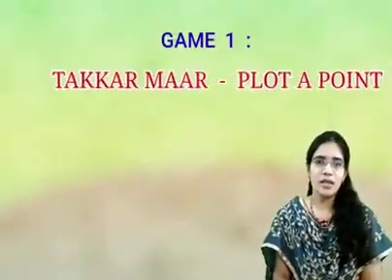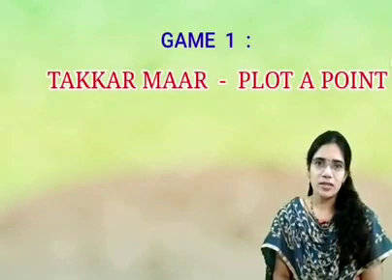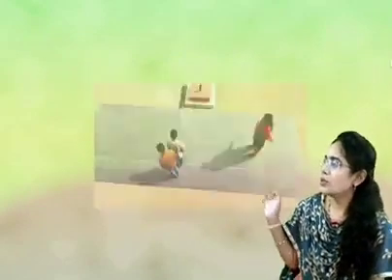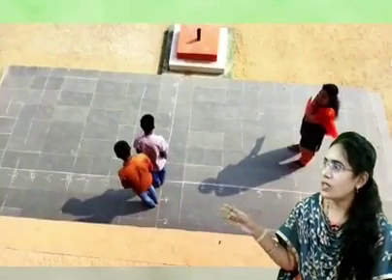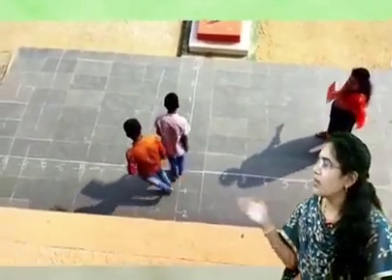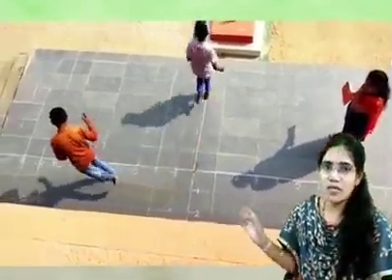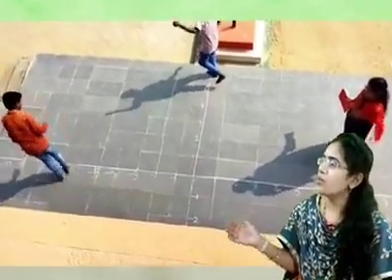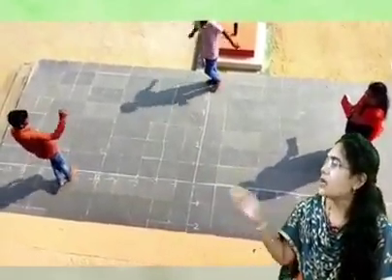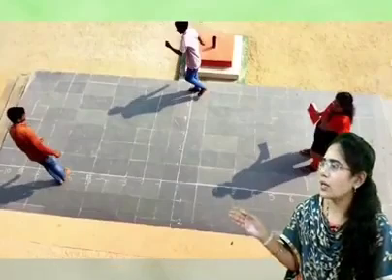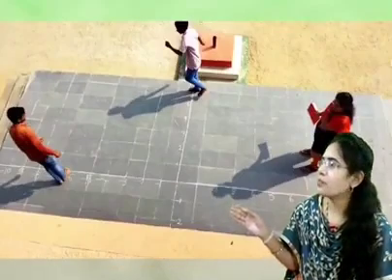Coming to the first game, Tucker Mark Plot a Point. In this game, two students stand at the origin. One of them moves on the x-axis to indicate the abscissa and another one moves on the y-axis to indicate the ordinate of the given coordinate on the graph floor.